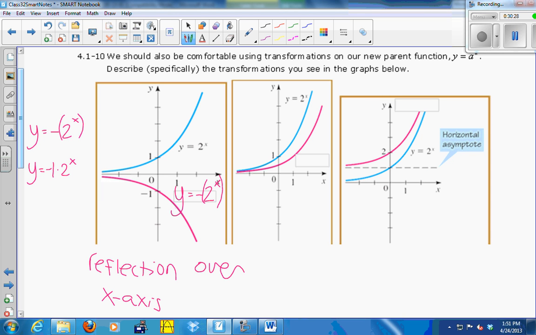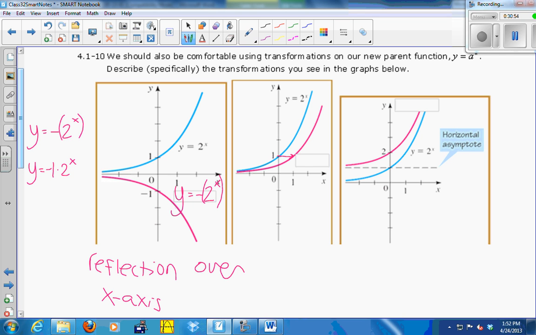It could be a horizontal shift where I shifted the whole thing. Let's see, my y-intercept moved right 1. So I could write this as a horizontal shift right 1. I could write it as a vertical shrink. Without more information, it's really hard to tell exactly what happened because I don't have lots of point values.